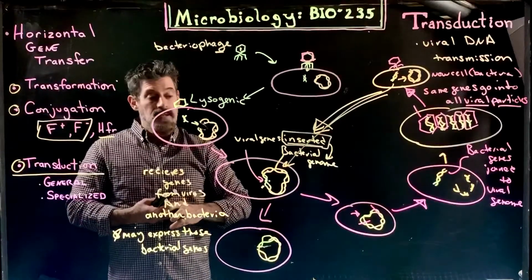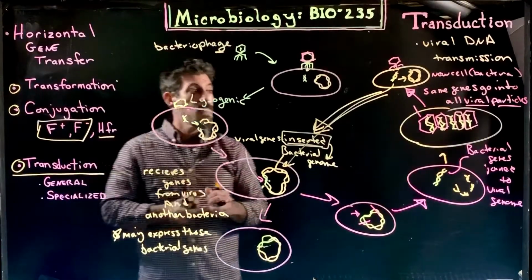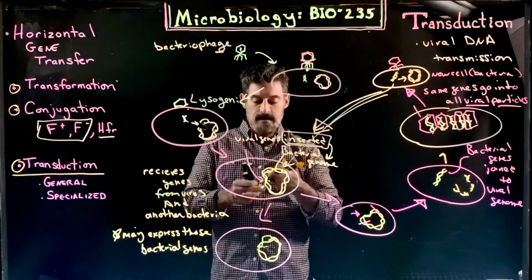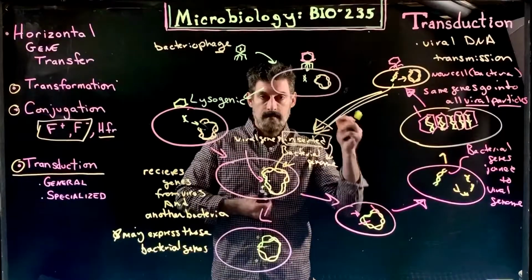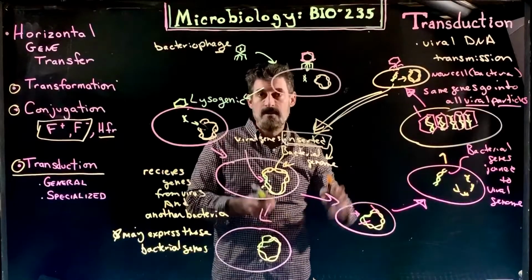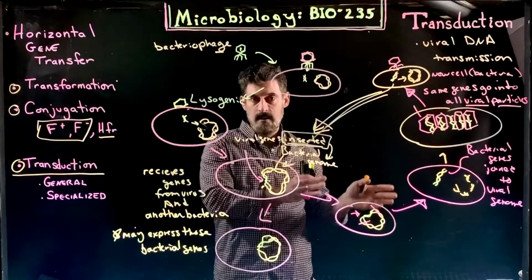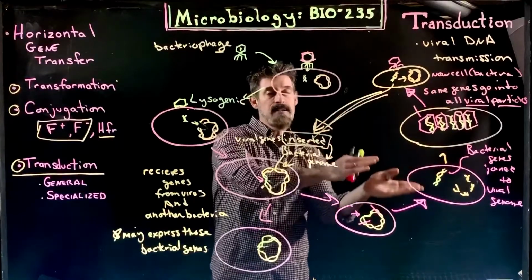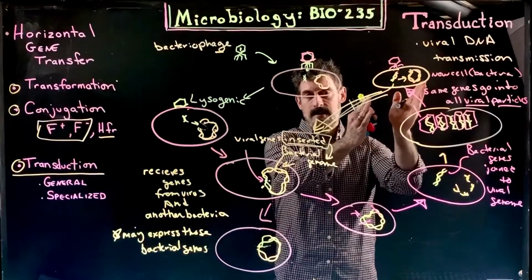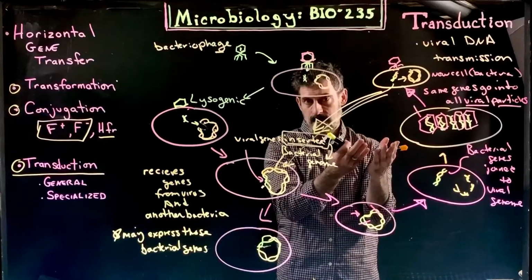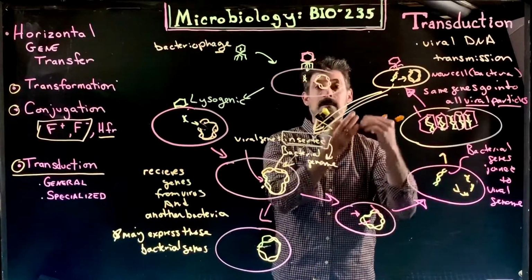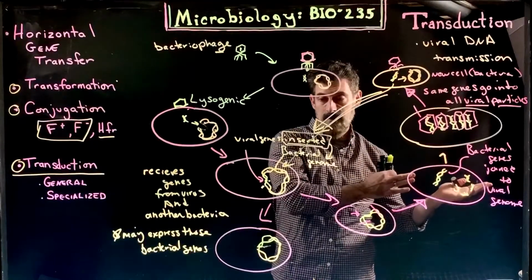So this is going to be a little bit different here now, right? What you have is a virus carrying with it viral genes and bacterial genes from a previously infected host cell. And then when that virus infects a new cell, it's going to give it its own viral genes, but it's also going to give it bacterial genes from the previous organism.